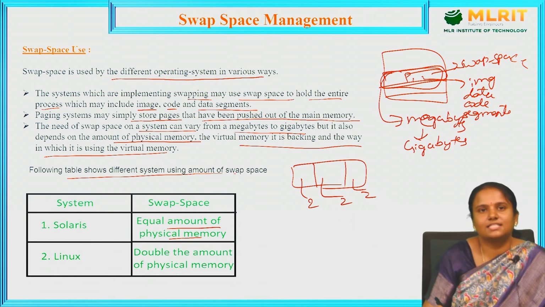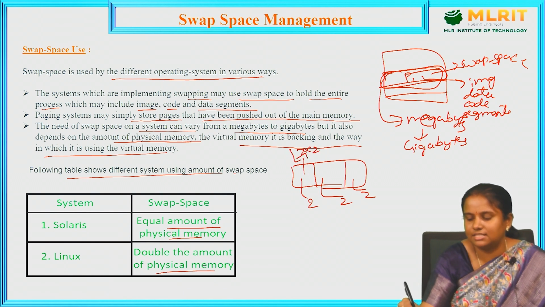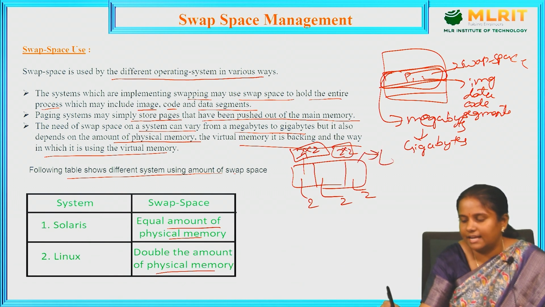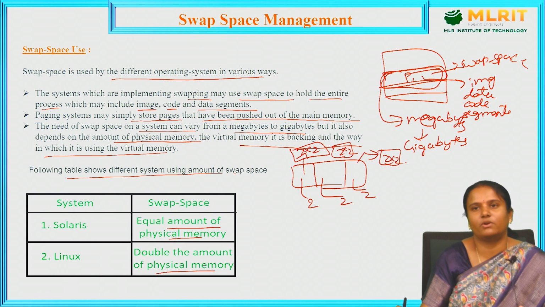Whereas in Linux, it is double the amount of physical memory. So Linux contains double the memory, whereas Solaris contains only single. So Solaris is single, Linux is double.